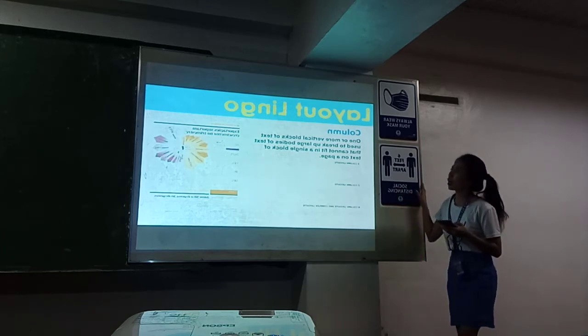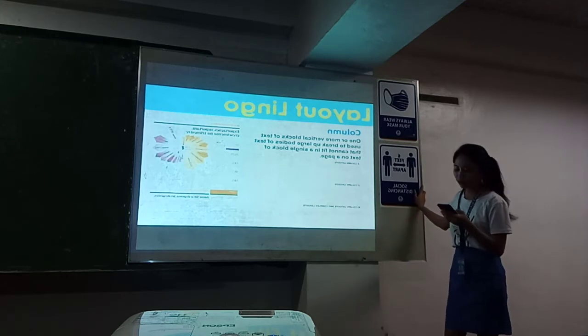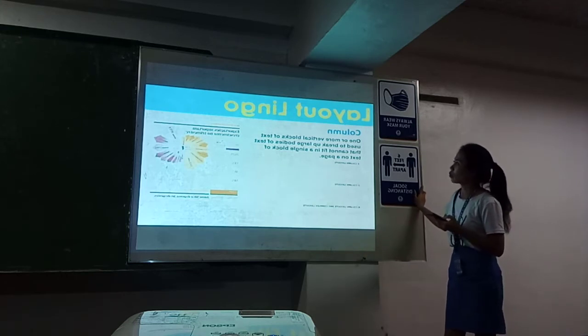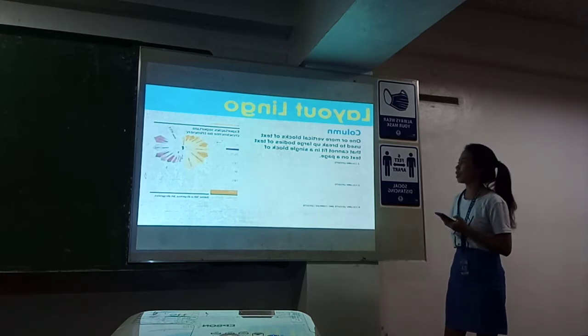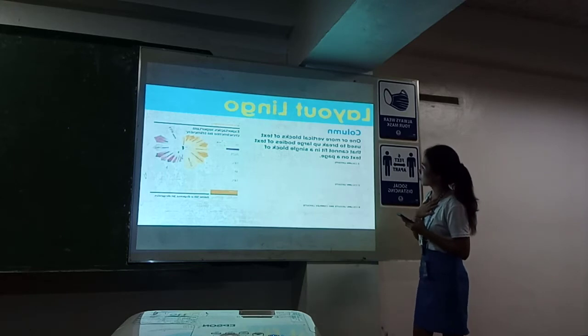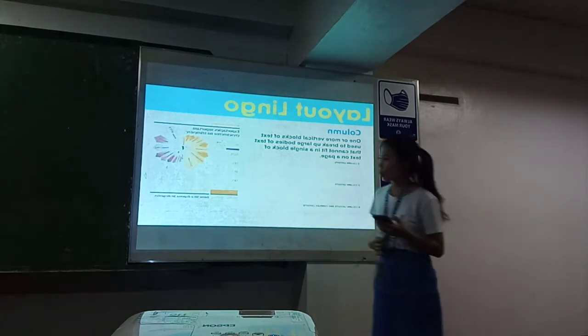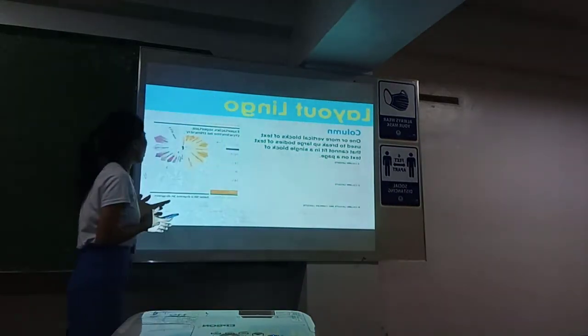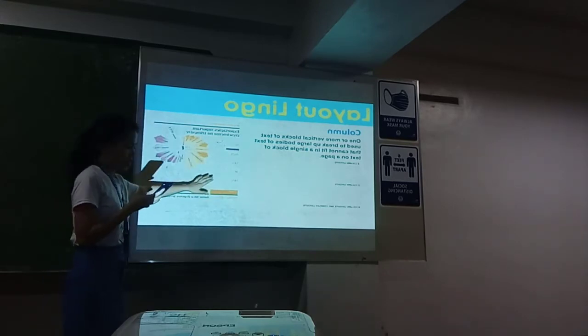Another one we have is the column. One or more vertical blocks of text used to break up large bodies of text that cannot fit in a single block of text or on a page. So, for example, the column here is this one.